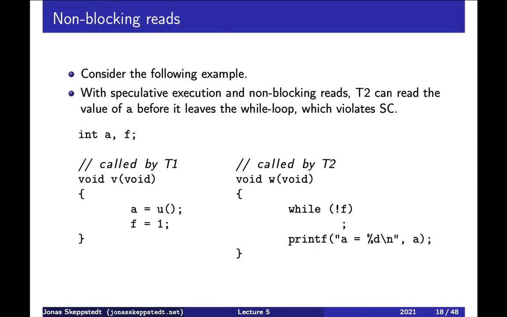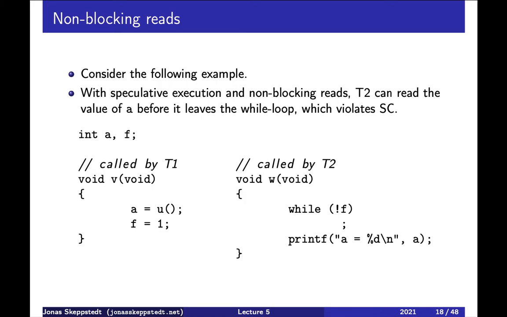And non-blocking reads, what's that? A non-blocking read is done to speculatively execute code, and that means a memory access can be done before it's actually needed. So the CPU guesses that it probably will need this value and fetches it before.